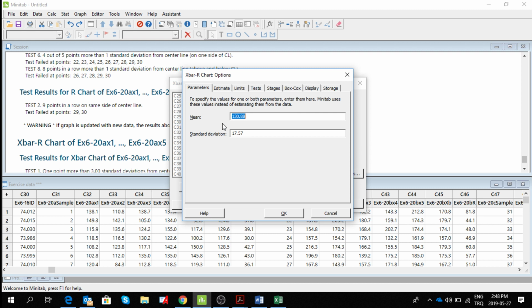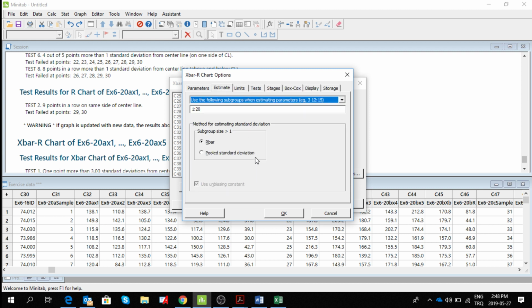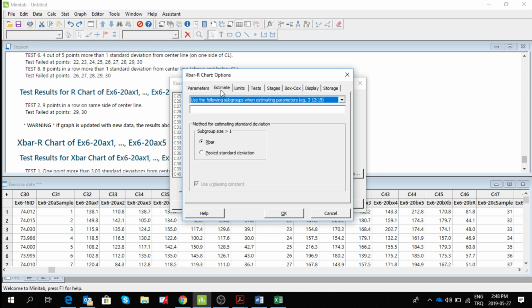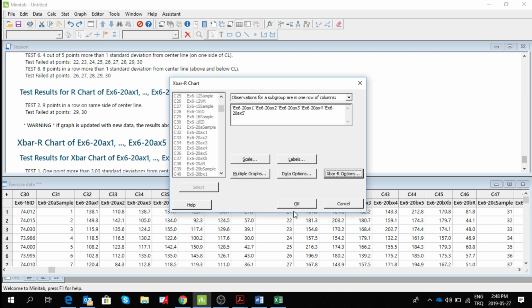In X bar options, I'm going to erase this information. Estimate, I'm going to erase that too. I don't want anything in here, and also nothing in this step. For the rest, I don't do much. I click OK.